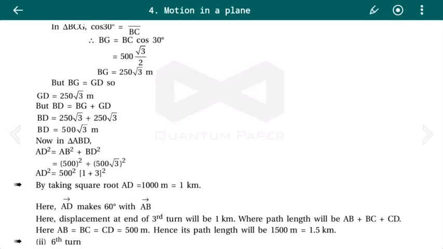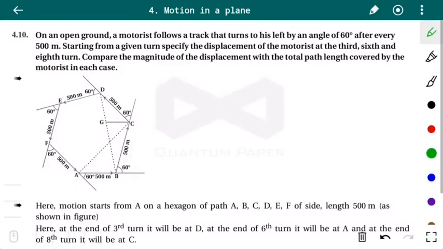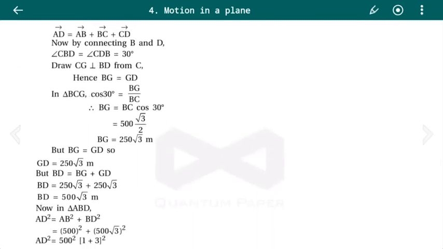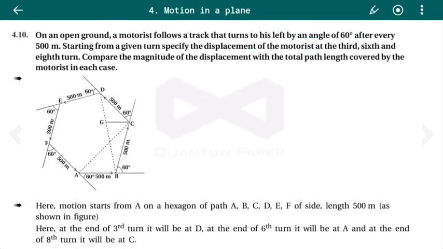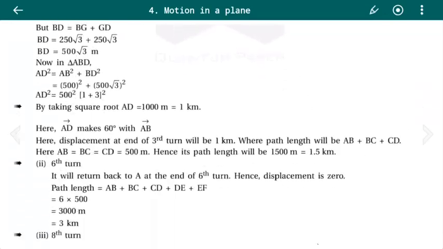Now from this triangle we will get AD. Here we need to find AD. We got BD and we know AB. So from this we get the value of AD, and AD square is equal to AB square plus BD square using the Pythagoras theorem.